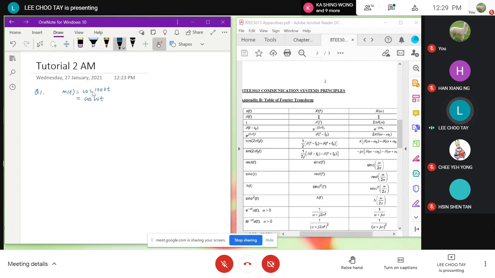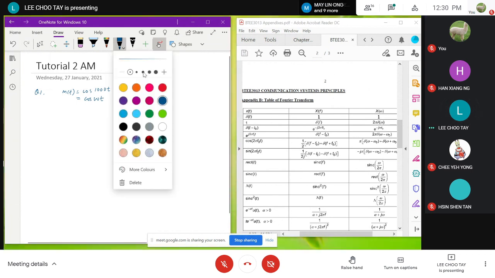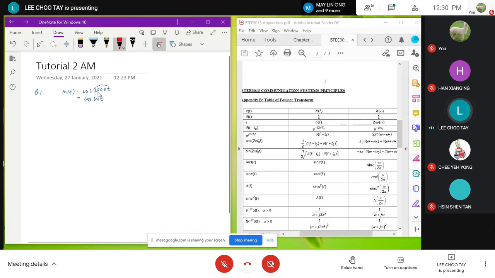Given this equation, cos 1000t, that tells us our omega. Omega is equal to 1000. What is omega? Omega is 2 pi f, which equals 1000.